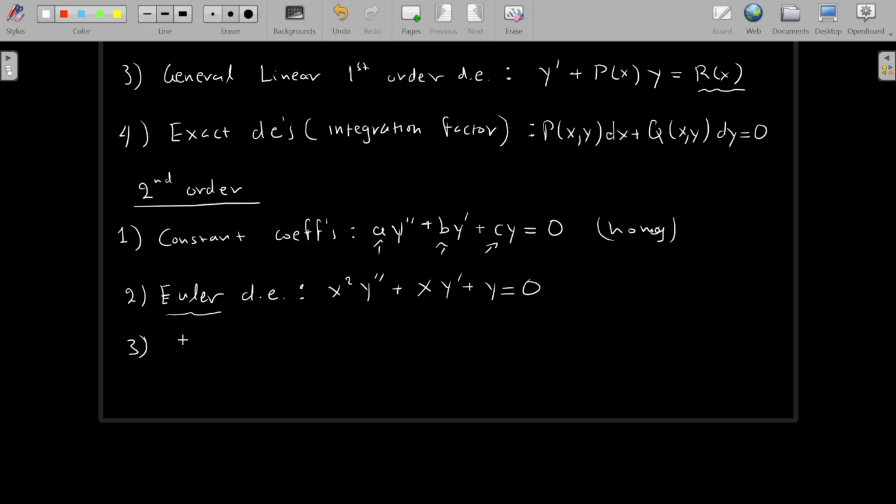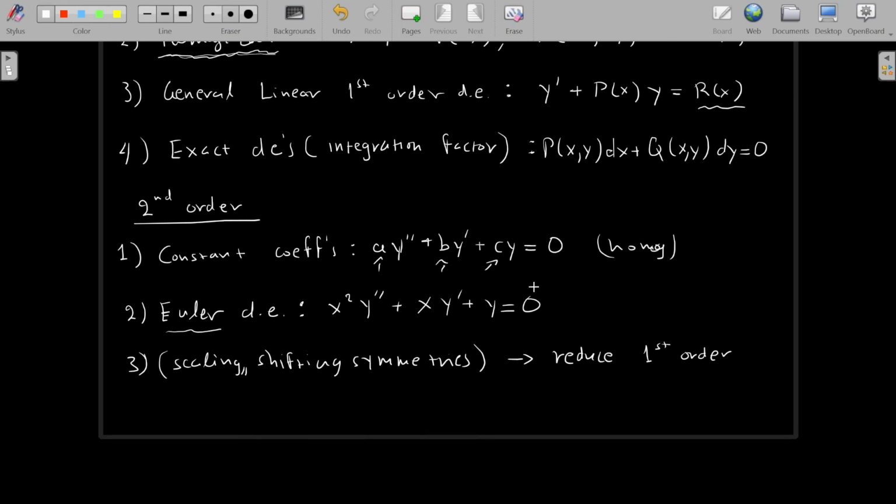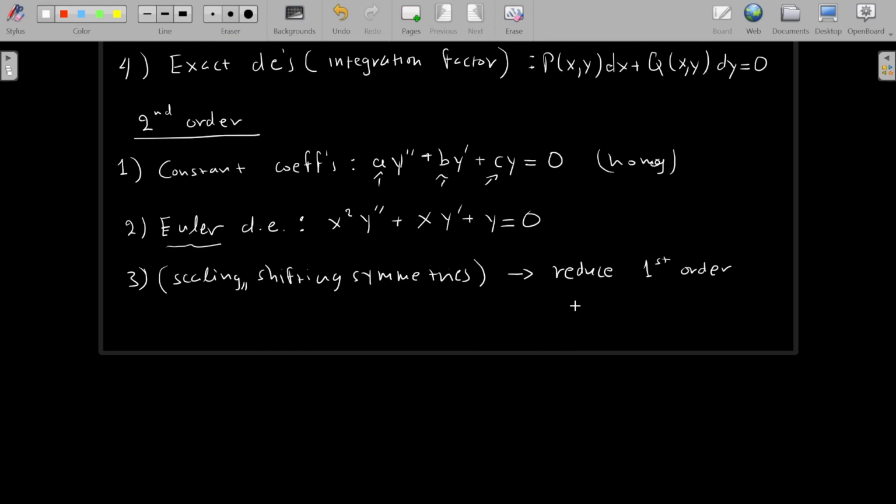Third, we have a great range of techniques called scaling and shifting symmetries, on x and y both, and they can be very useful when we try to reduce a second order differential equation to first order, and use later on techniques that we have already learned to solve first order differential equations.